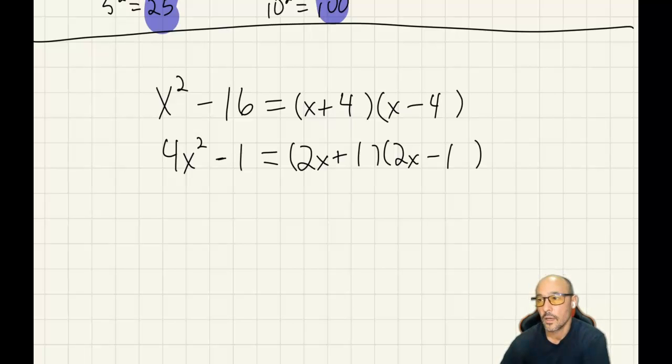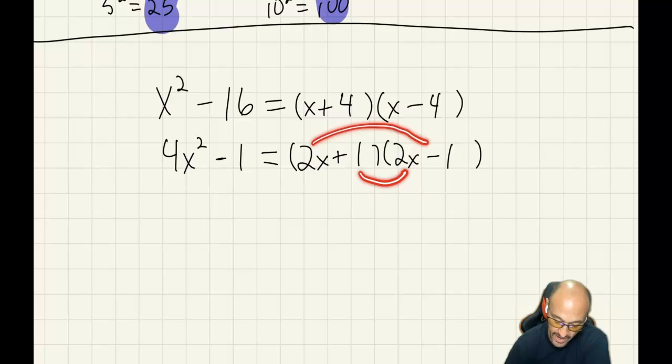Okay, questions? So now if we FOILed here, firsts, we would get 4x squared. And then outers and inners, notice that those will be a negative 2x and a positive 2x, and they will cancel, and that's why there's no x term.